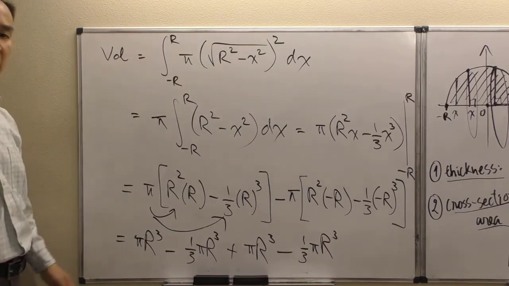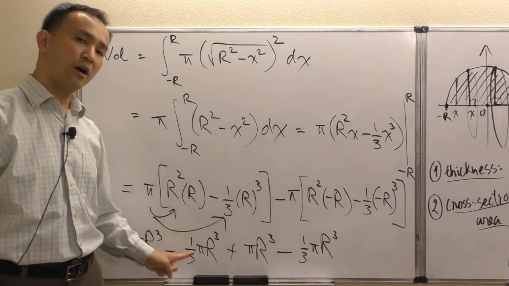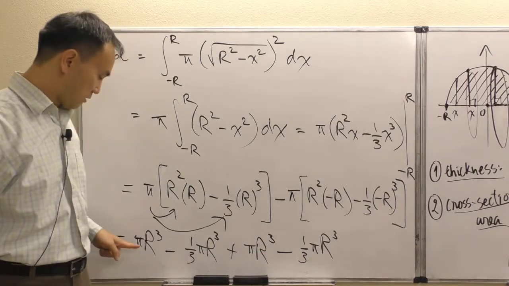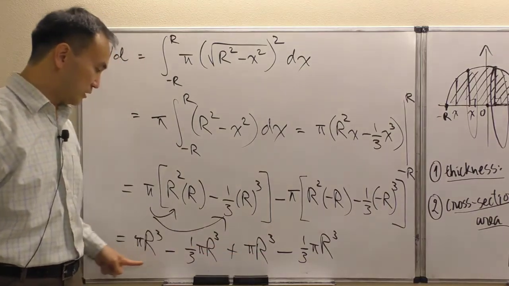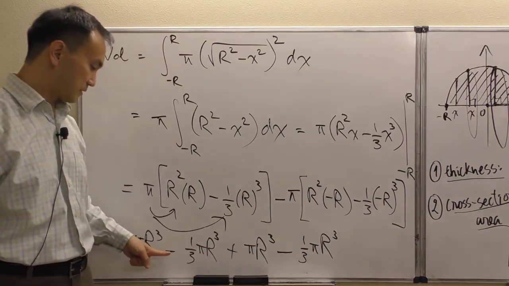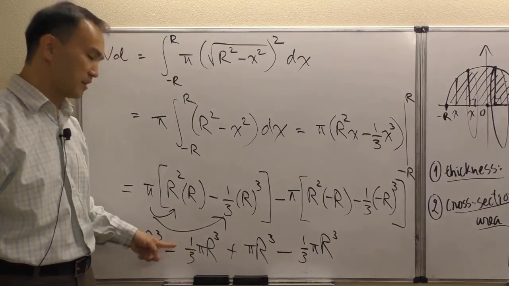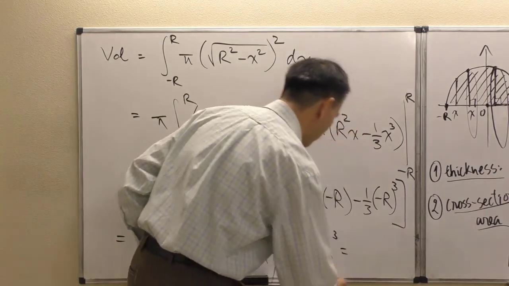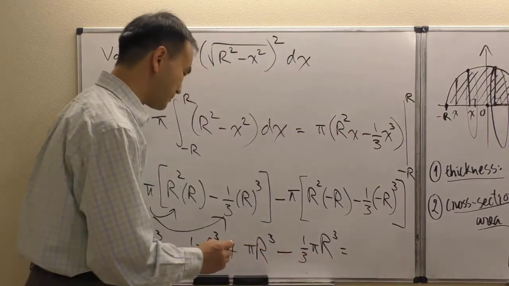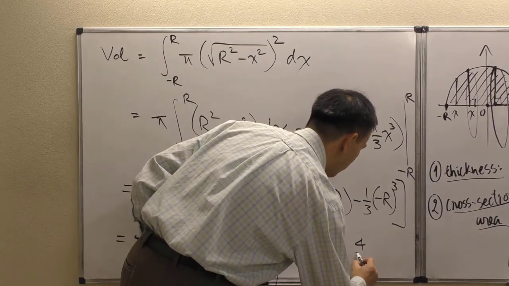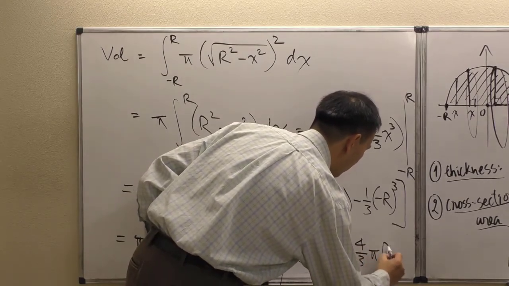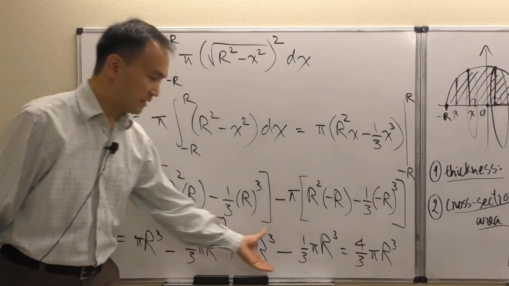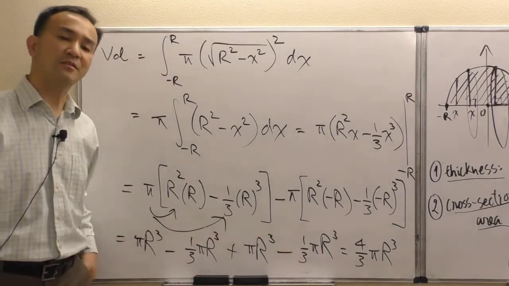All right, and so now we're just going to simply combine, because these are all like terms. It's just different by the coefficient. So these two like terms are 2 pi r cubed, and then these two combined together are minus 2/3 pi r cubed. And so adding and subtracting it all together, we're looking at 4/3 pi r cubed, after combining like terms for all of these four terms here.